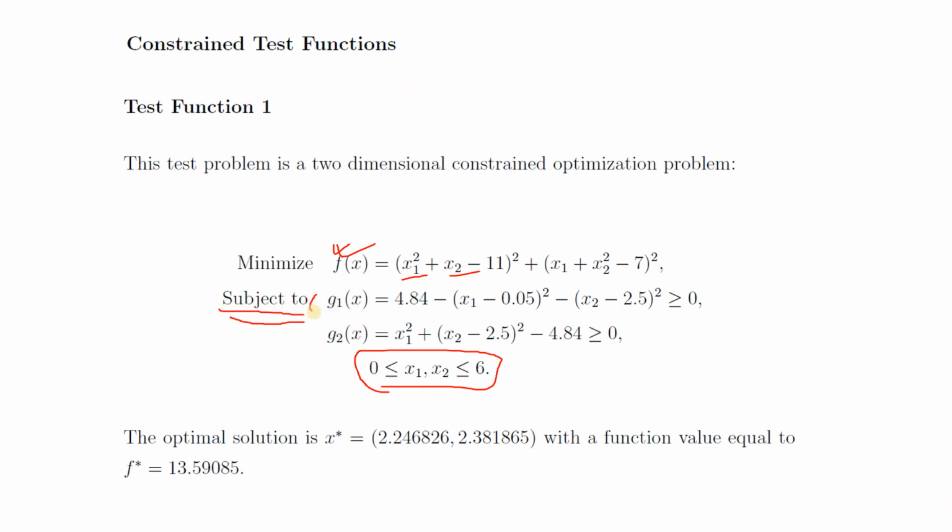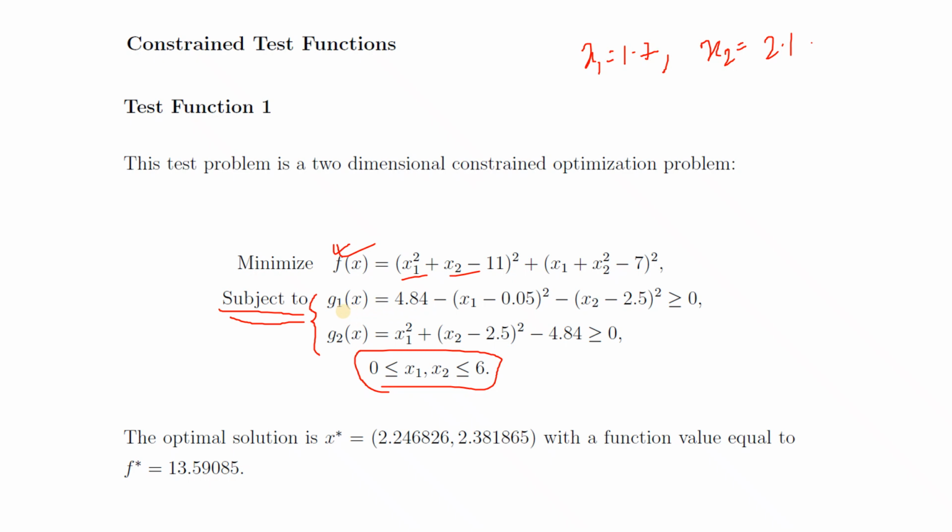But constraints come here when it says subject to g1(x) and g2(x). That means you have to find the value of f(x) in such a way that, suppose you get x1 as 1.7 and x2 as 2.1, you will say this is my result.